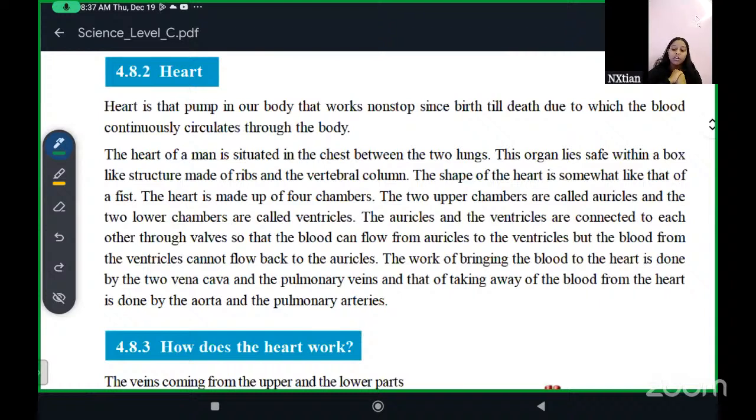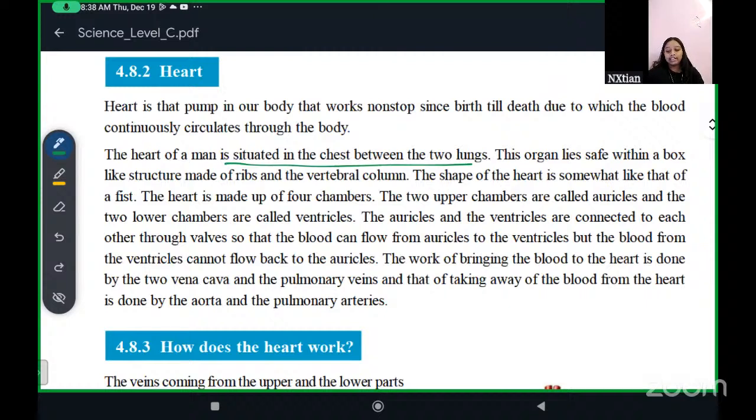The heart is a pump in our body which pumps the blood to all parts of our body, and it keeps going till we die. Now, the heart of a man is situated in the chest between the two lungs.